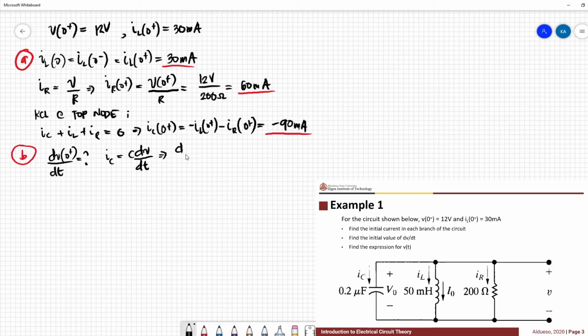So our dV/dt at 0+ is equal to IC at 0+ over C, which is equal to negative 450 kilovolts per second.